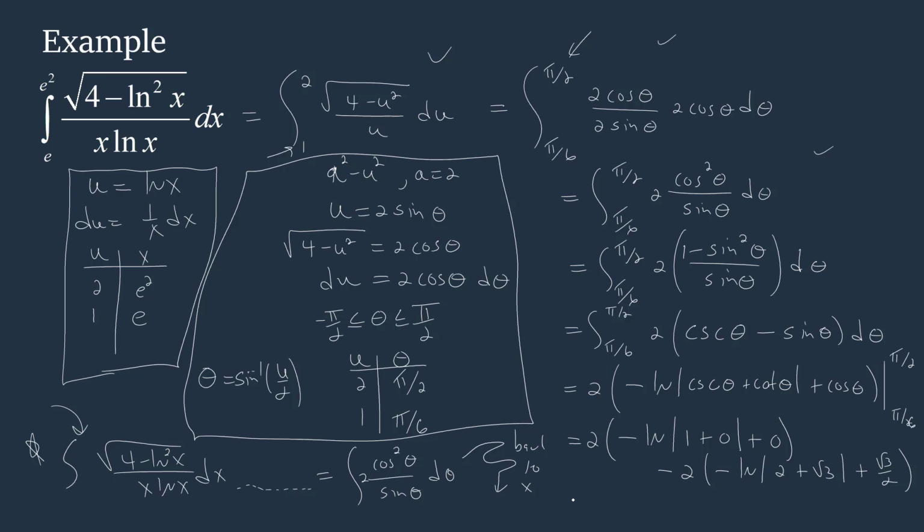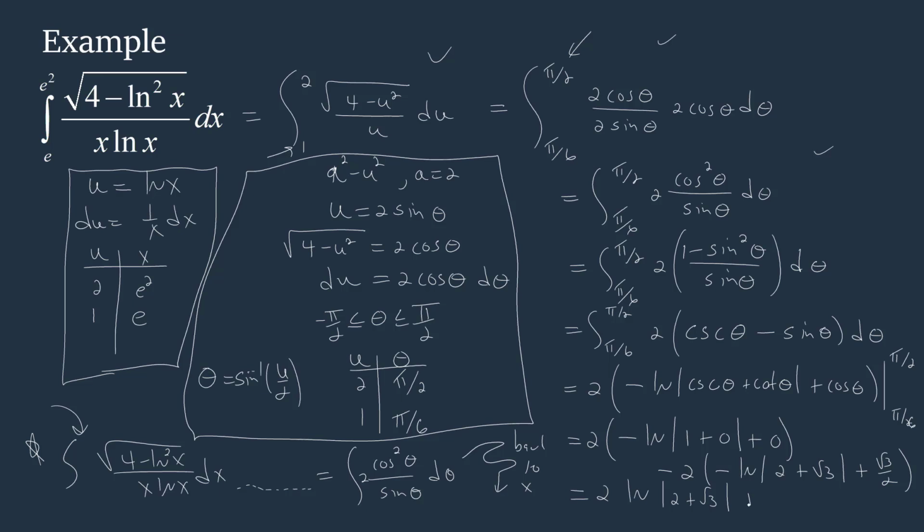We just have to go back and simplify this horrible mess. So the first part's all 0. Natural log of 1, that's 0. 2 times this is 0. So we ignore all that. The double negation makes it positive. So it's 2 times the natural log of the absolute value of 2 plus the square root of 3.